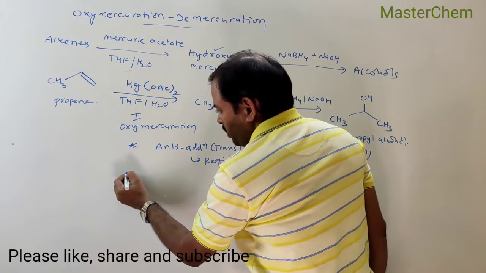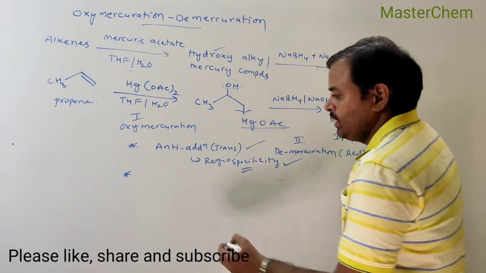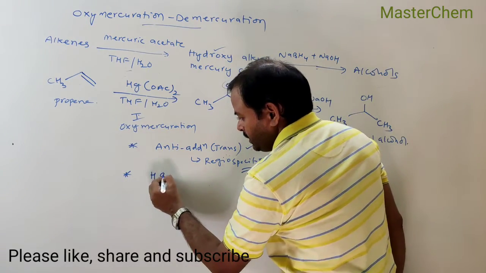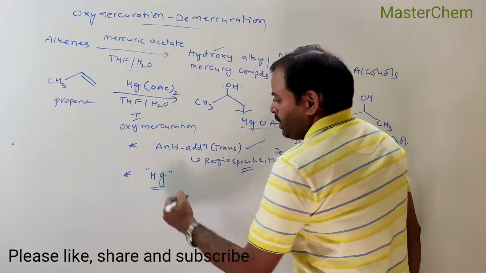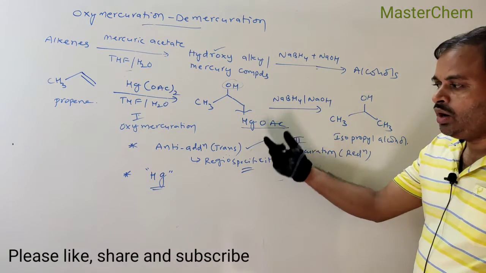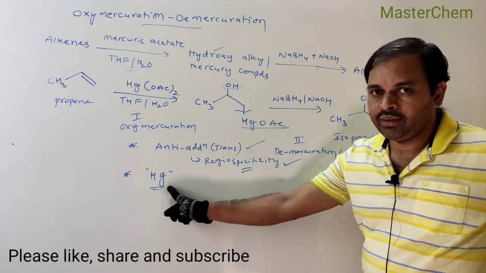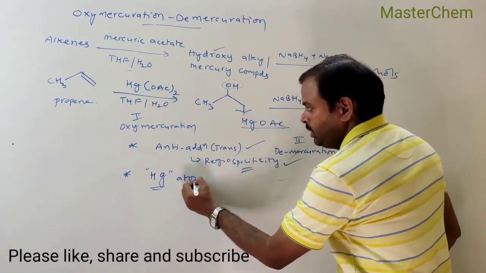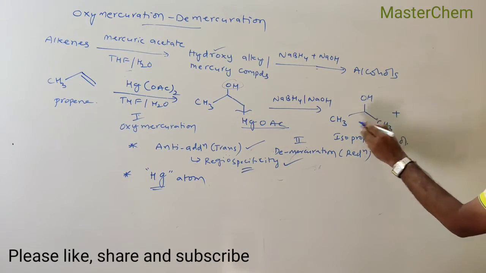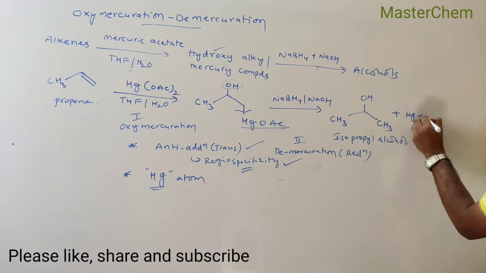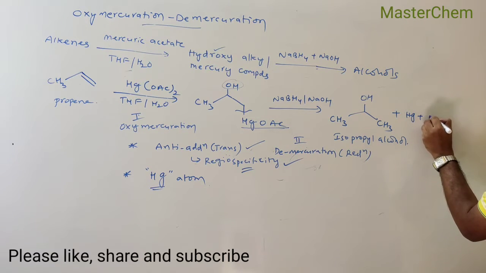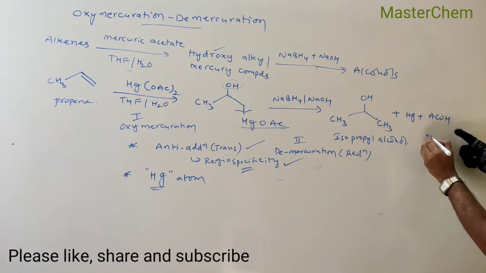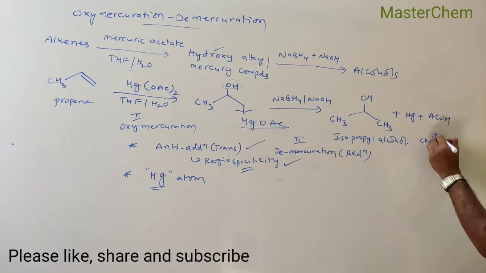And one more important point here: the final conversion of the mercury compound to Hg atom. What does that mean? What are the byproducts here? Hg plus AcOH. AcOH means CH3COOH, acetic acid.